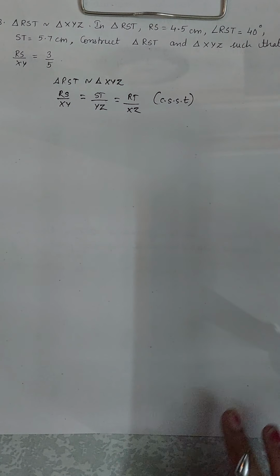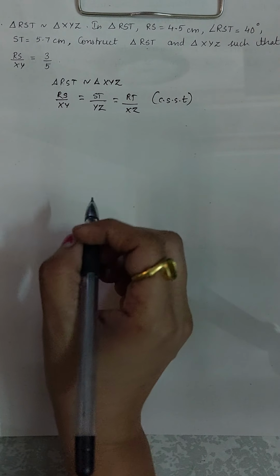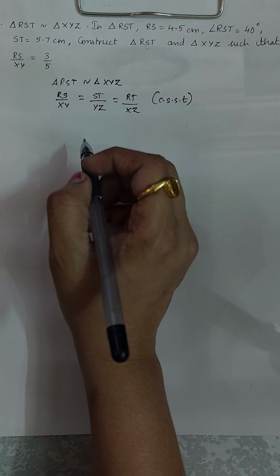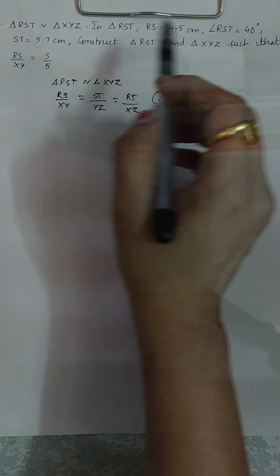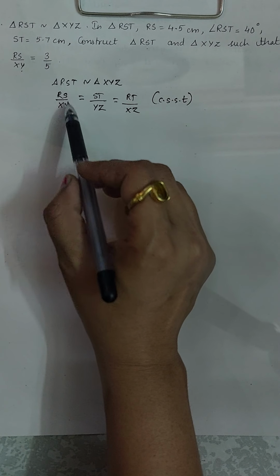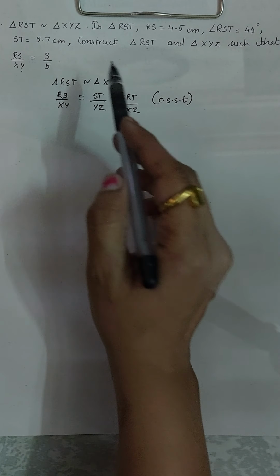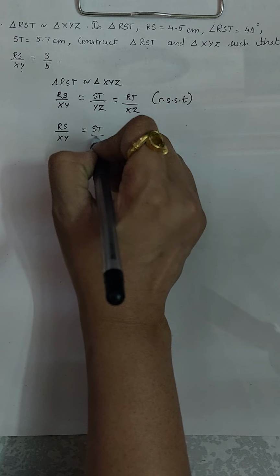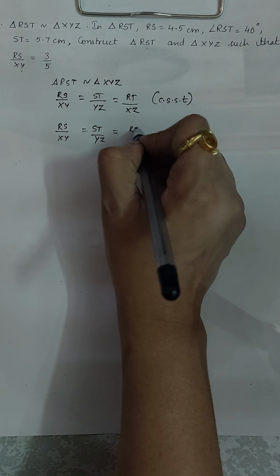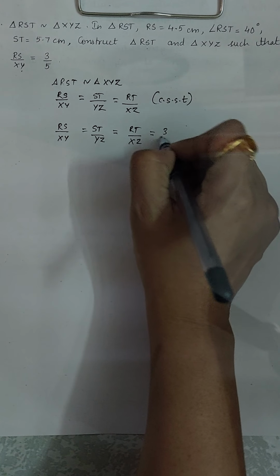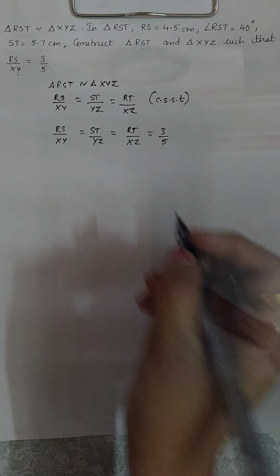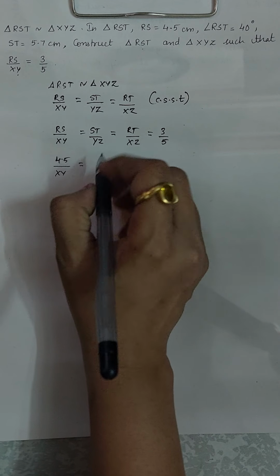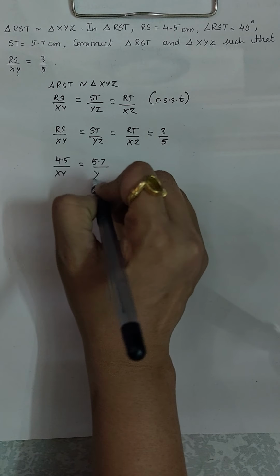CSST. Okay, after doing this, I am going to substitute the values of whatever values I know. Okay, so after writing this, we can also say that RS upon XY is 3 upon 5, right? So this entire RS upon XY is equal to ST upon YZ is equal to RT upon XZ is equal to, we can say, 3 upon 5. Now we will substitute the values. RS is 4.5 upon XY is equal to ST is 5.7 upon YZ.